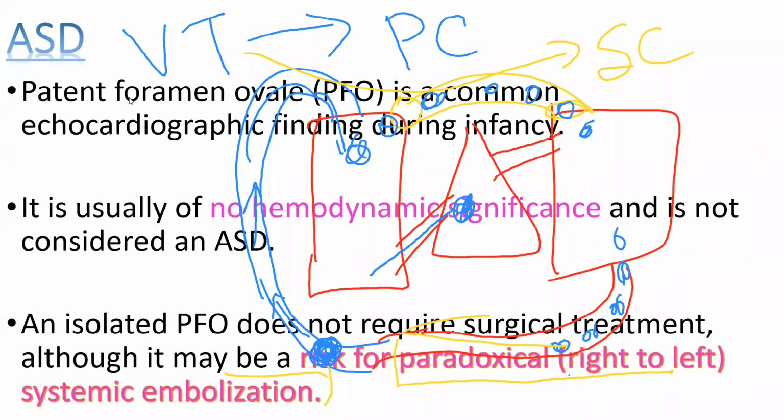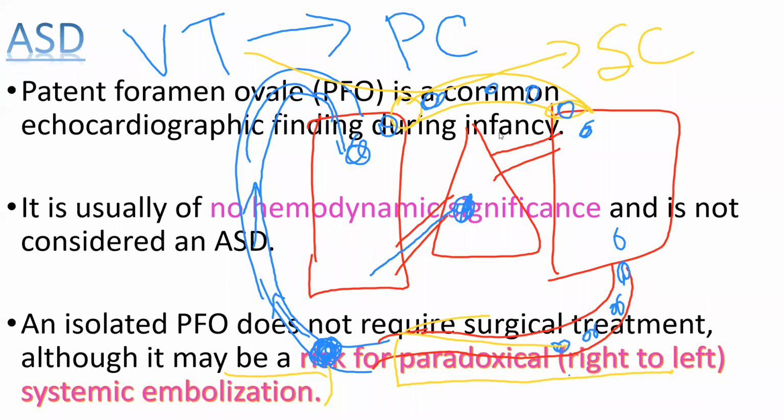Does it generally cause hemodynamic significance? No, sir. And that's why we do not regard it as ASD. But still, you have to keep in mind that if somebody has a patent foramen ovale, can this child develop paradoxical systemic embolization or not? Yes, sir, it can develop systemic embolization. Never forget this thing.